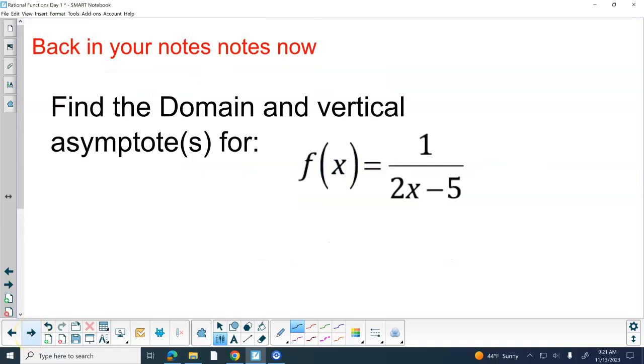So, back in our notes now, not on our supplemental sheet, our extra sheet, it says find the domain and any vertical asymptote or asymptotes for this function. Okay. Well, how do I find the domain of this function? What's my denominator? The bottom part is my denominator. So I would say 2x minus 5 equal to 0.